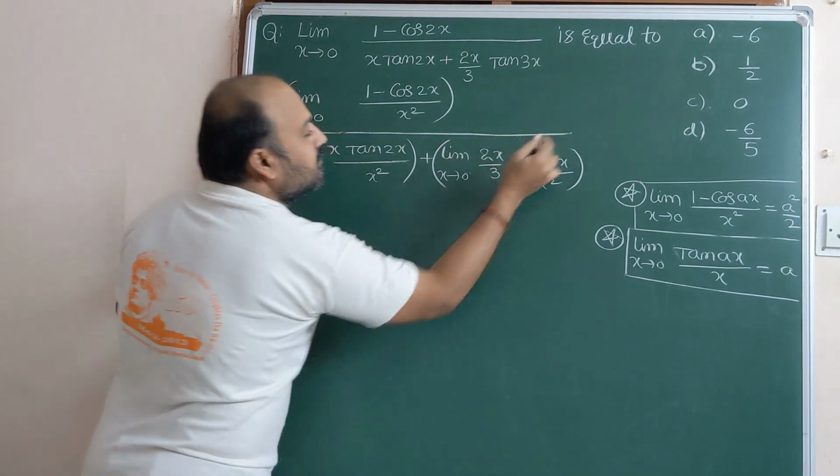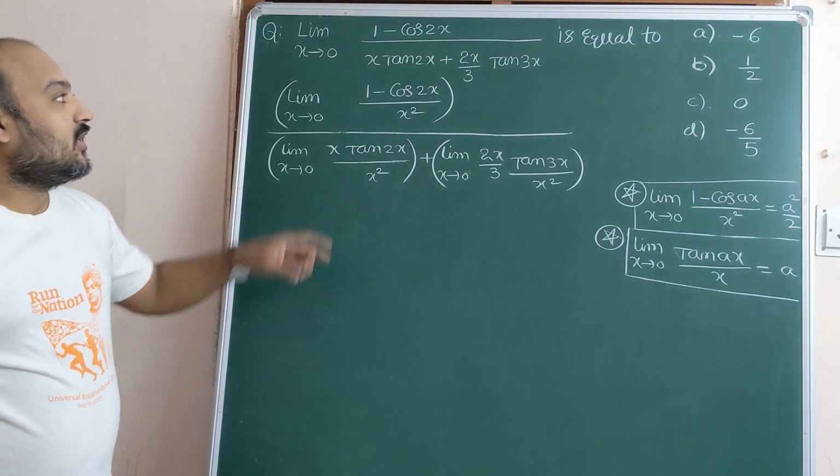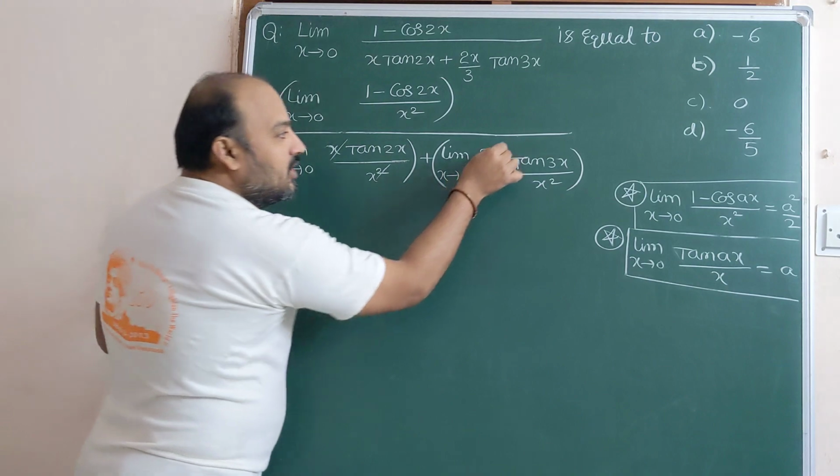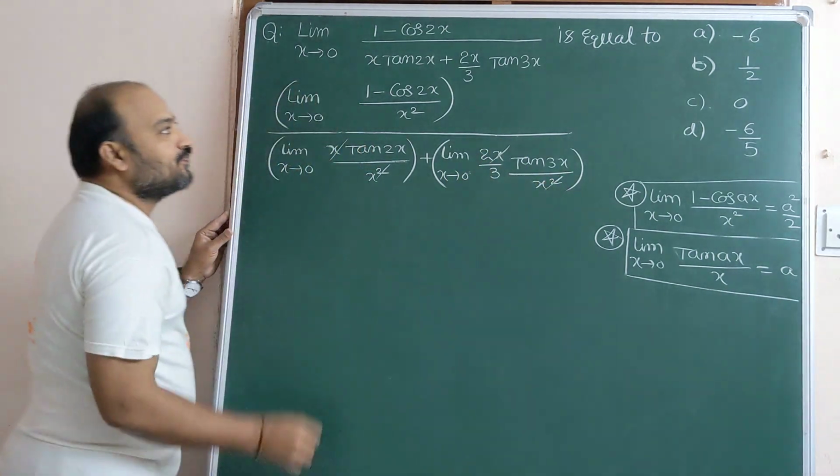Each and every term in the numerator and denominator is divided by x square. So here one of the x cancels, here also one of the x cancels.